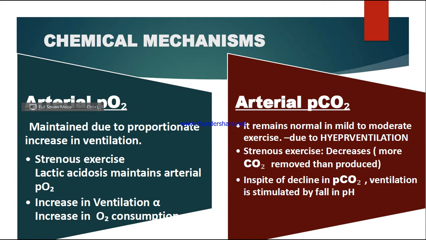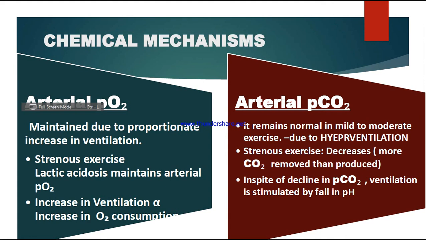So let's talk about the arterial PO2. What happens to that? It is maintained due to a proportionate increase in ventilation. During strenuous exercise, lactic acidosis maintains the arterial partial pressure of oxygen. The increase in ventilation actually causes an increase in oxygen consumption.